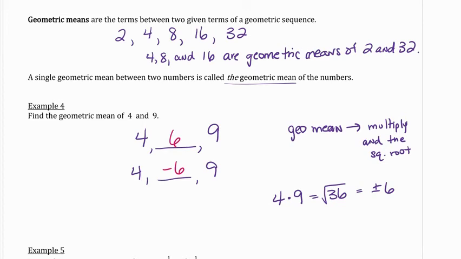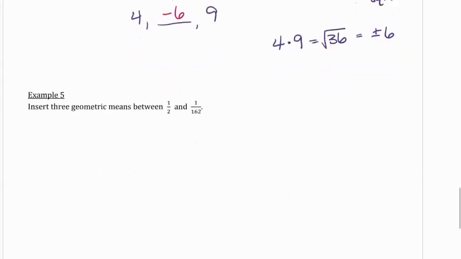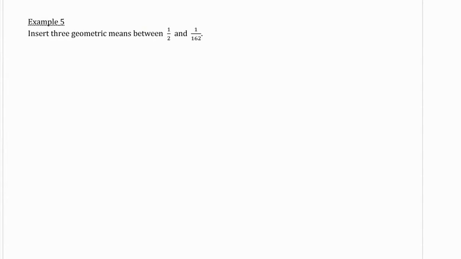Okay, so let's go through a problem just like before, where we want to insert three means between two numbers, but this time we're going to insert geometric means, right? So we want to insert 3 of them. So this time we're going to start with 1/2 as our first term, and then I want to put in 3 more terms, and we want to end with 1/162, right?